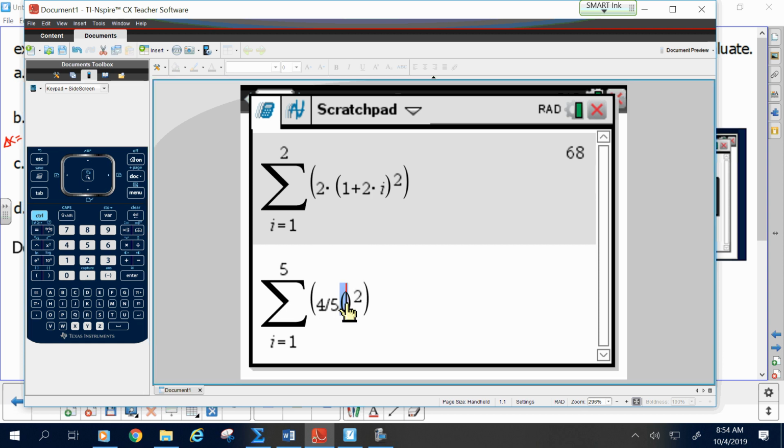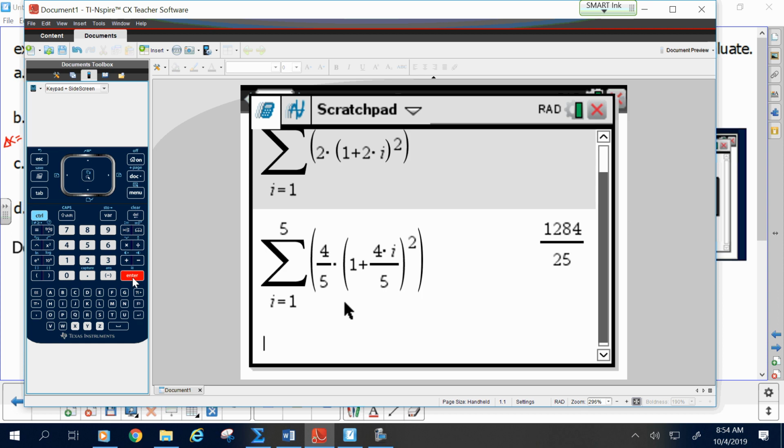And in the parentheses, I need to put 1 plus 4i divided by 5, something like that. I think I put that incorrectly.